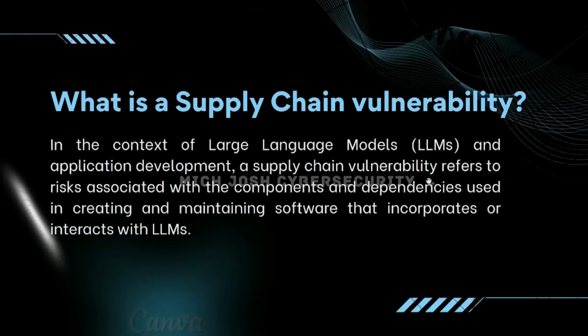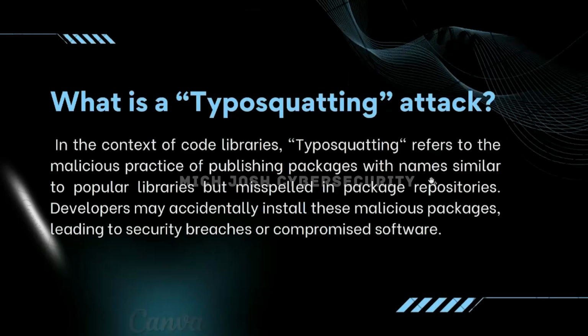Next we see what a typosquatting attack is. Has anybody heard about this typosquatting attack? Can you please raise your hand? Let me explain it. Before we download any tools, most of the tools are there in GitHub or in the Python libraries.